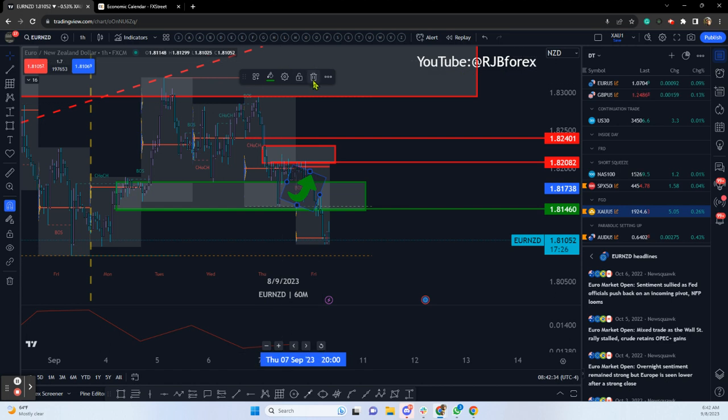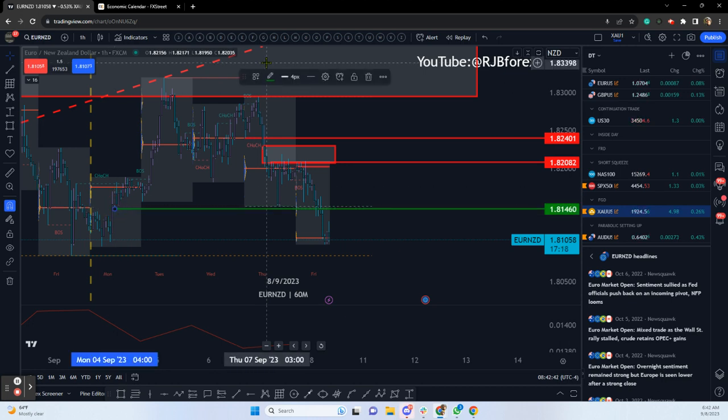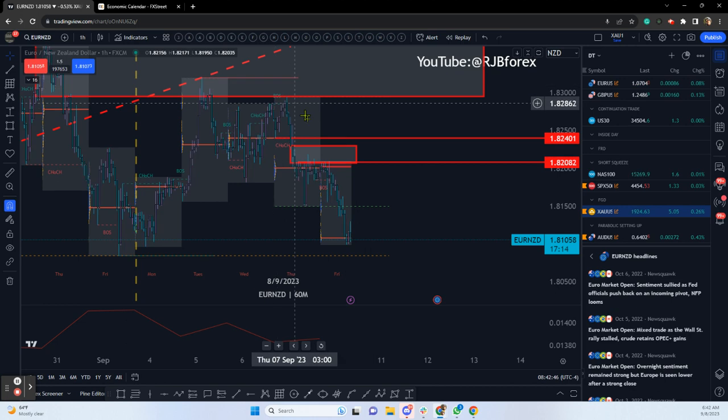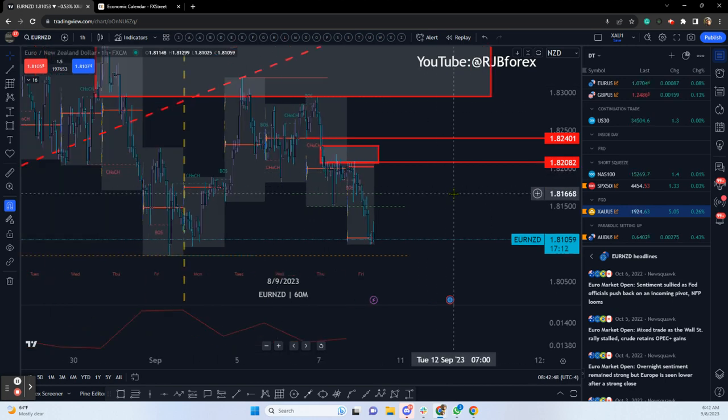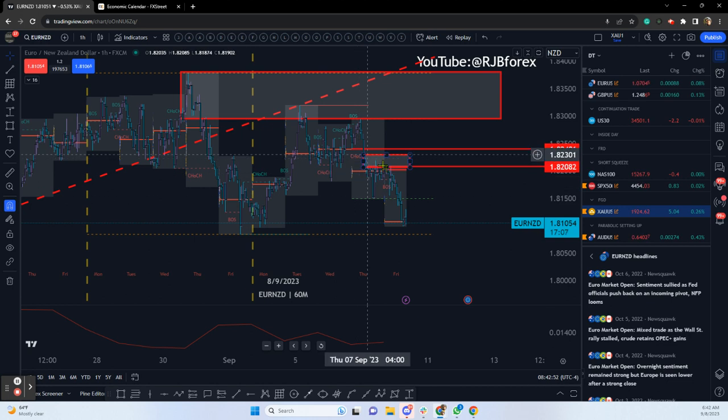Let's get rid of that outlook from yesterday. And this, we've broken that level there as well. Well, it seems as though we are trying to move below last week's lows.